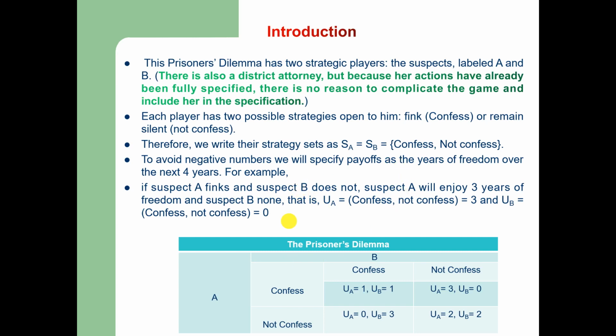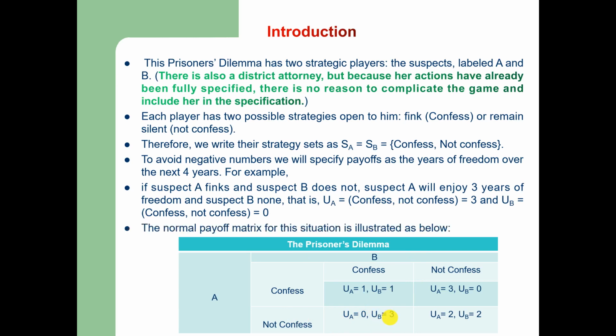In the payoff box, the first entry is for suspect A and the second entry is for suspect B. So in that case, the utility of A is 3 and the utility of B is 0. Similarly, if player A does not confess and player B confesses, then the utility of A is 0 and that of B is 3.